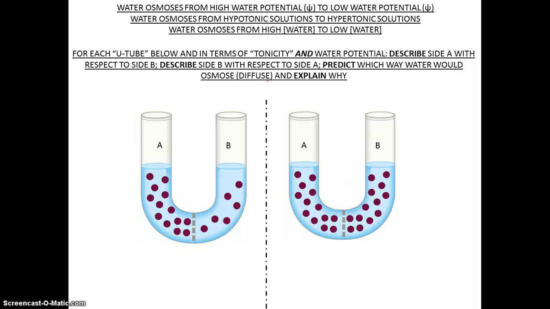So whenever we use the terms hypertonic or hypotonic or water potential, we're always comparing two different environments, and we compare one side to another side to determine which direction the water would go. And again, we're looking at the amount of solutes, or we're looking at pressure, which all determine the amount of water.